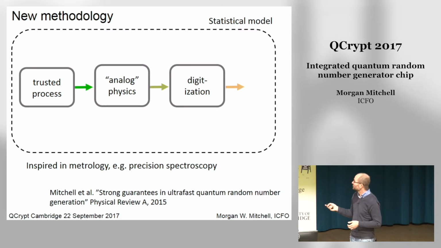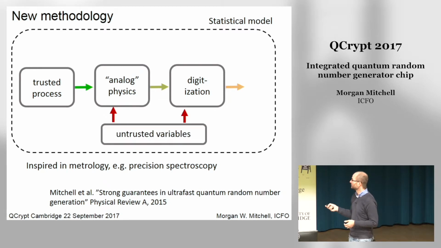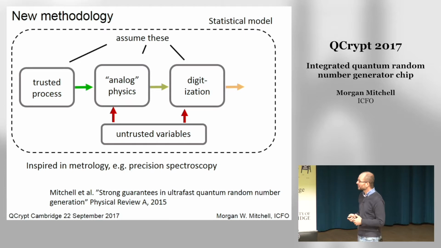In addition, we will also have some untrusted variables which will have some effect on what comes out of this system. In terms of the assumptions that we're making, we're assuming physics as it's known. So we're not suspecting that Maxwell's laws are wrong or something like that.